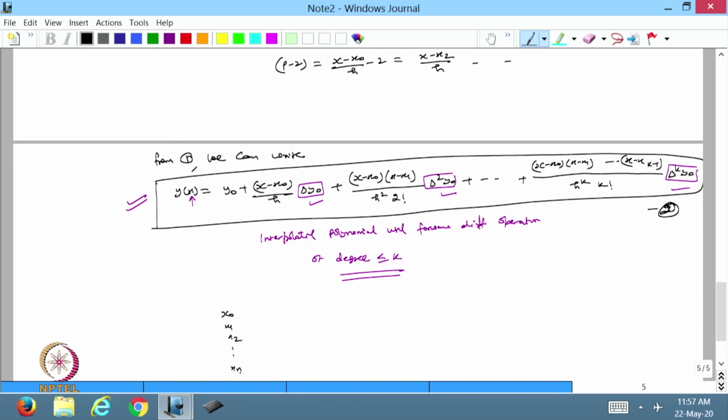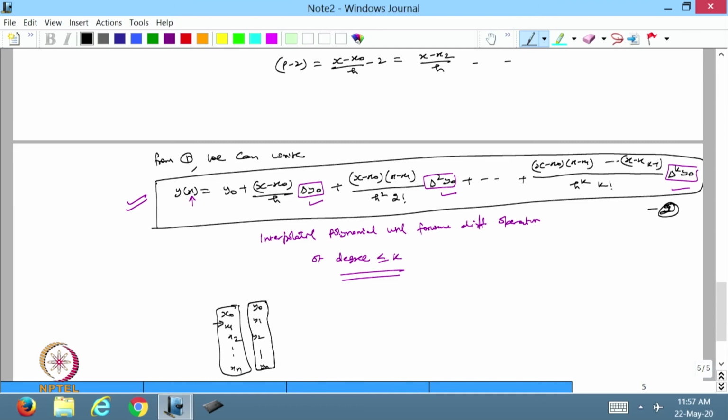I can apply this formula whenever I want to approximate the value at some x, and x is lying somewhere here, because in that case I can use all these values. This is x naught. Similarly, I have values y naught, y1, y2 up to yn.